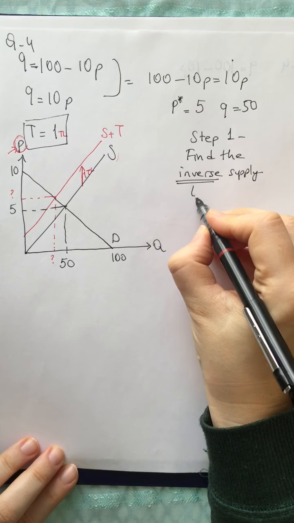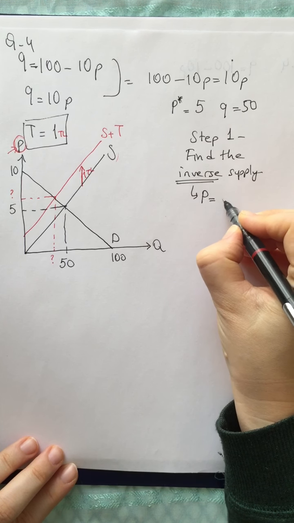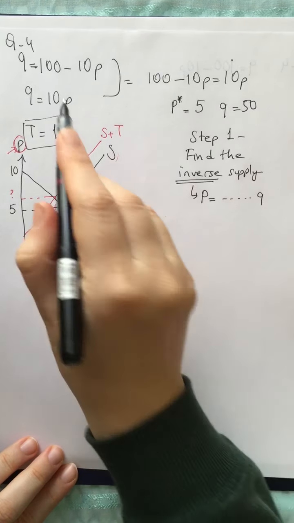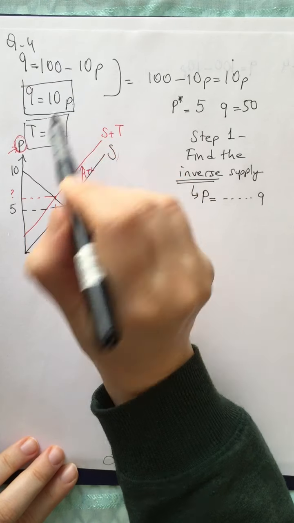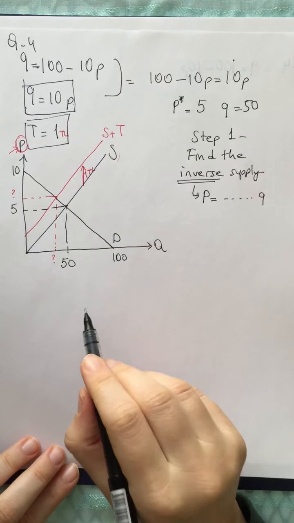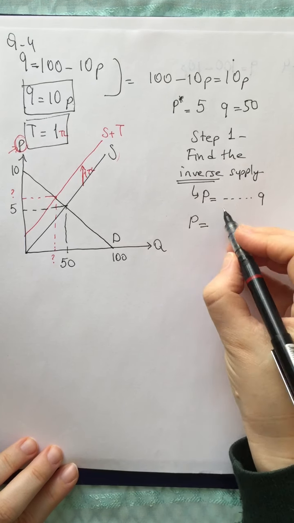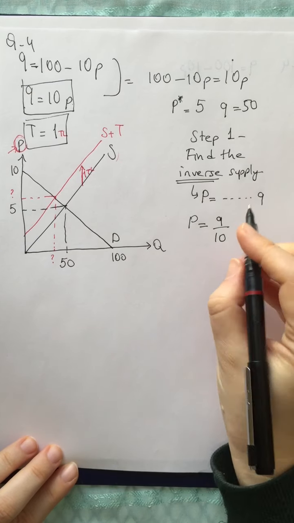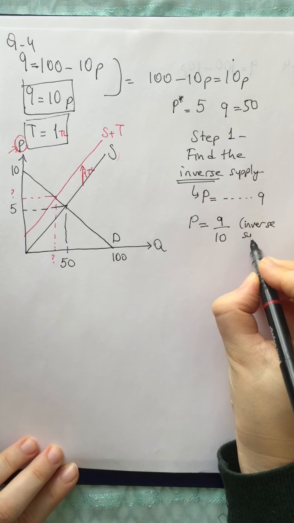Inverse supply, what does it mean? It means that the supply function which is written P equal to. The supply function here is given as Q equal to 10p. We will rewrite it as P equal to Q over 10. That is our inverse supply function.